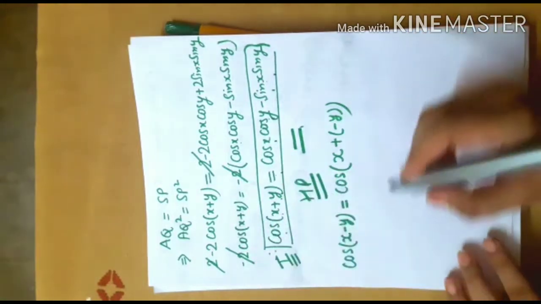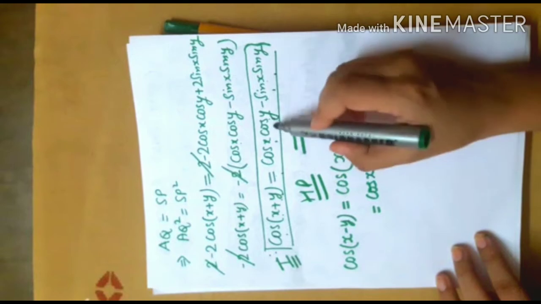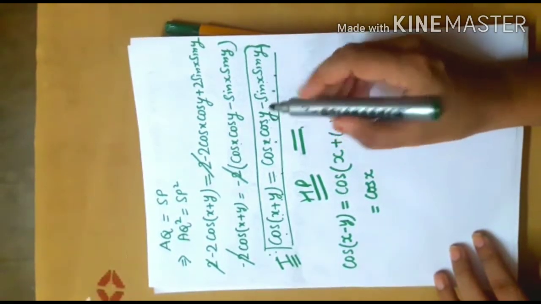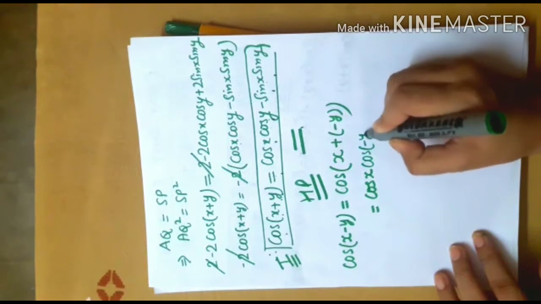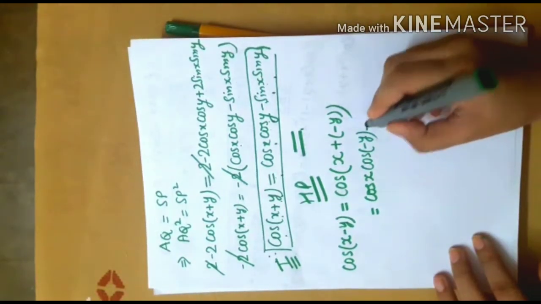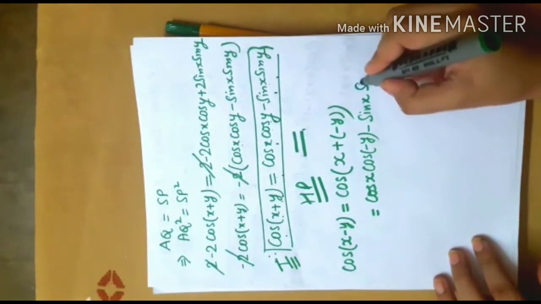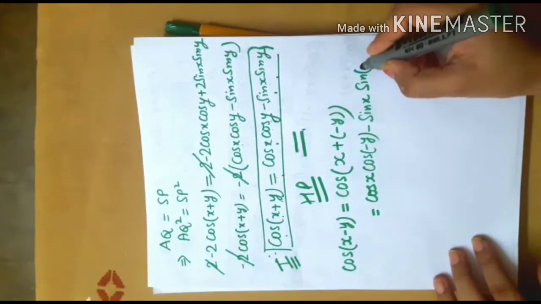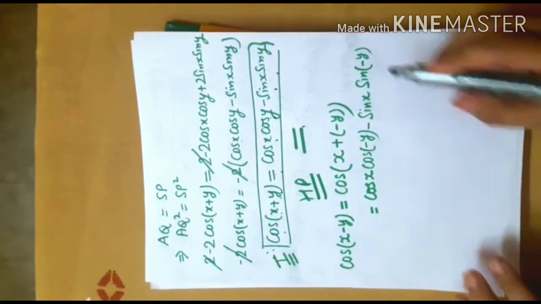So I'll use this identity. So first is cos x, then cos y, and role of y is being played by minus y. So I'll get here cos of minus y, then minus sin x, sin y, and again role of y is being played by minus y, right?